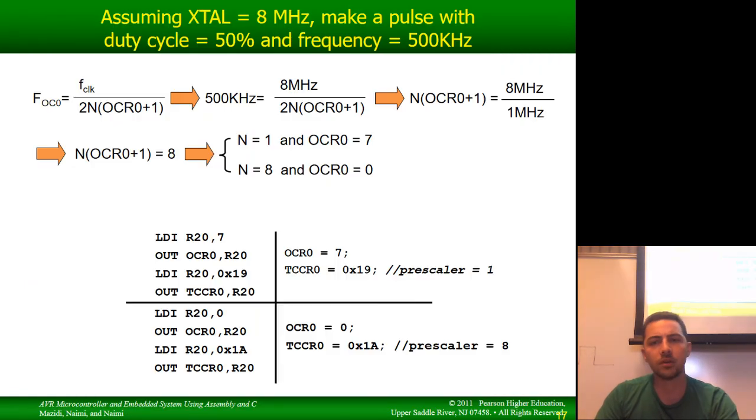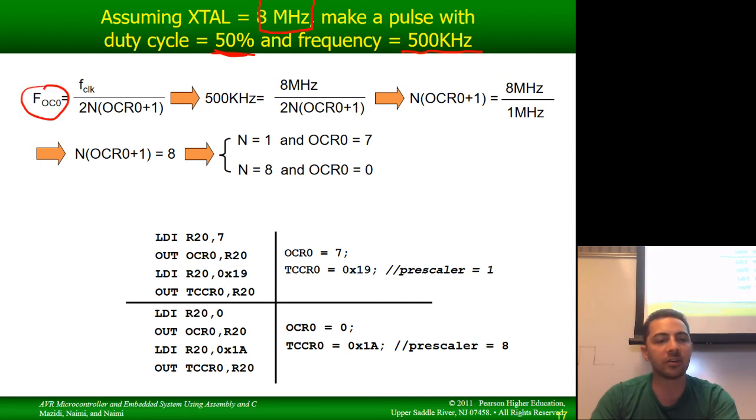Okay. So a couple of example calculations here. Assume that you have 8 megahertz for your crystal frequency, and you need a 50 duty cycle, make a frequency of 500 kilohertz. You can absolutely plug those numbers in.